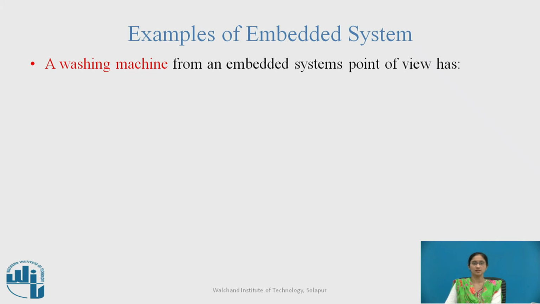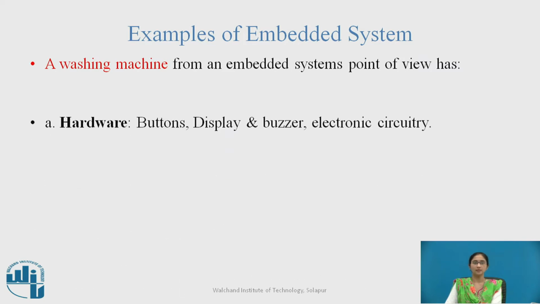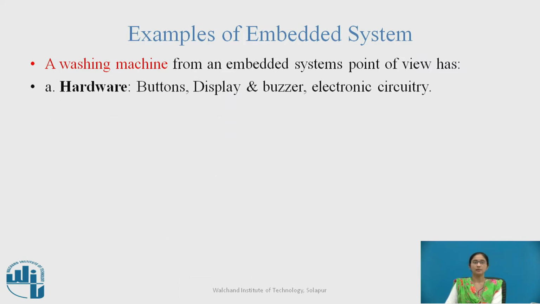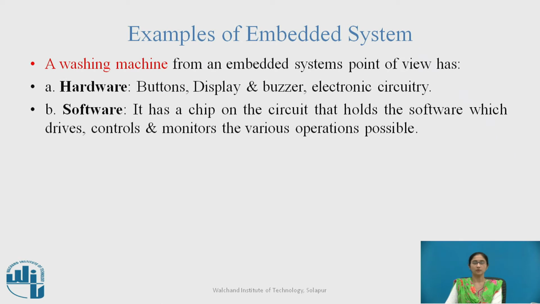Examples of embedded system. First is the washing machine. Washing machine from an embedded system point of view has hardware like buttons, display and buzzer, electronic circuitry, etc. Software: it has a chip on the circuit that holds the software which drives, controls and monitors the various operations possible.